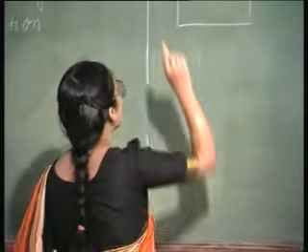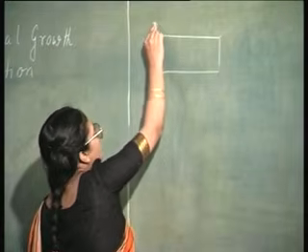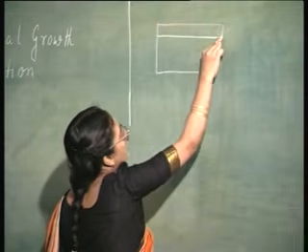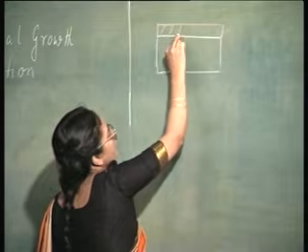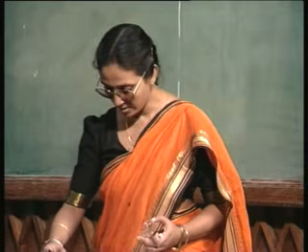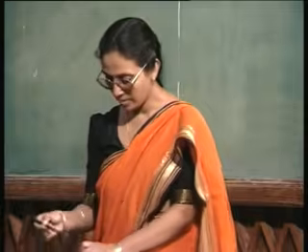Let us say I have grown an oxide on the entire silicon substrate like this. If you want to see the silicon substrate with oxide in it, here it is.